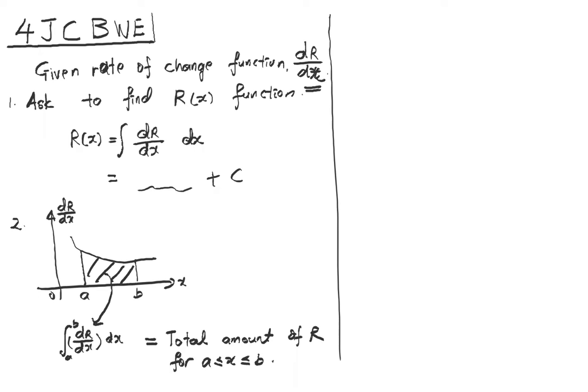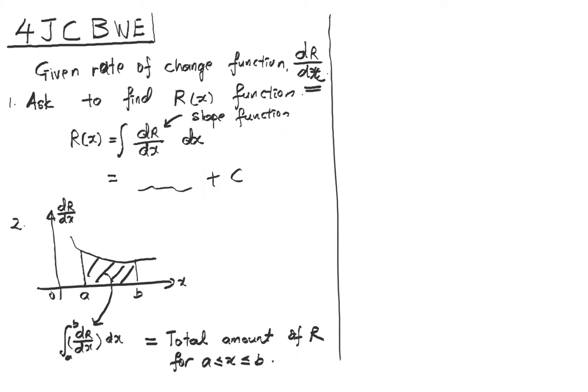So there are two things that you have to know for integration. The application is like that. They will give you the slope function, which is also called the rate of change function. Then if you want to get back the original function, you have to integrate.